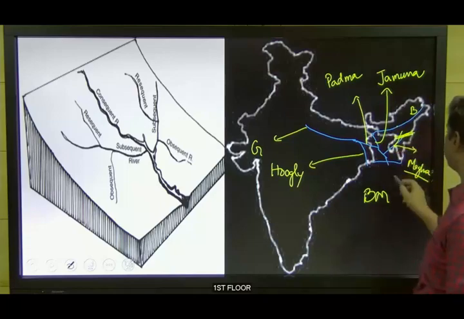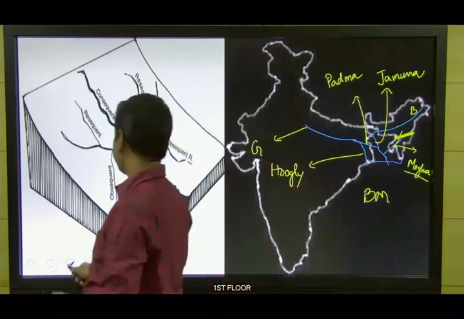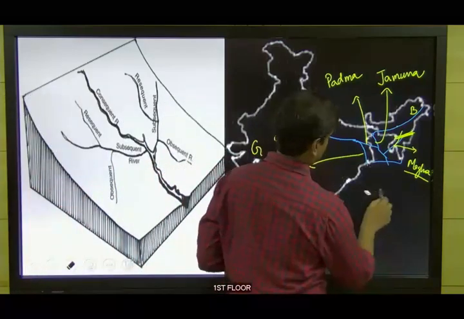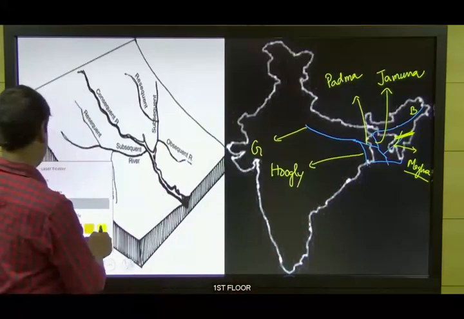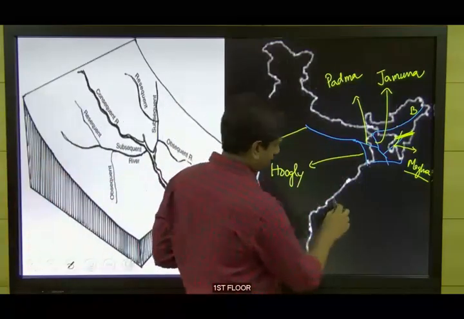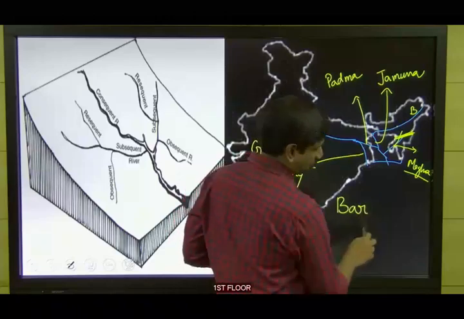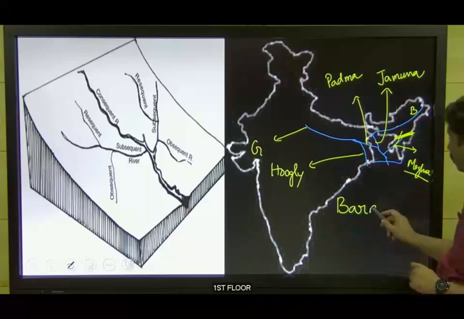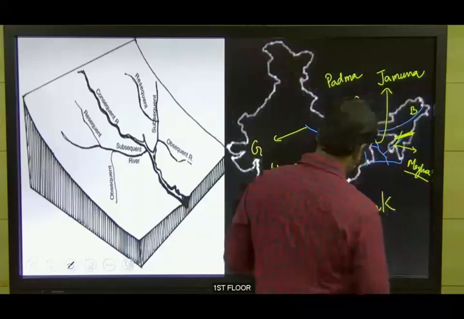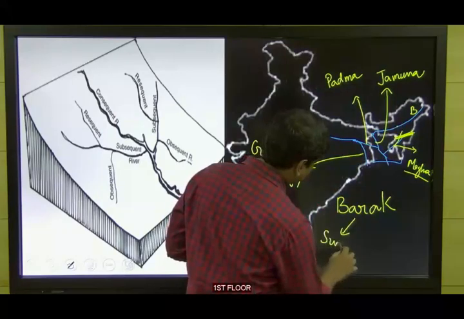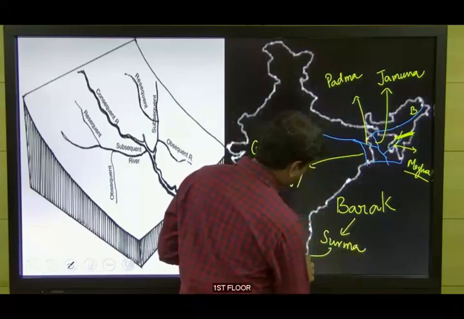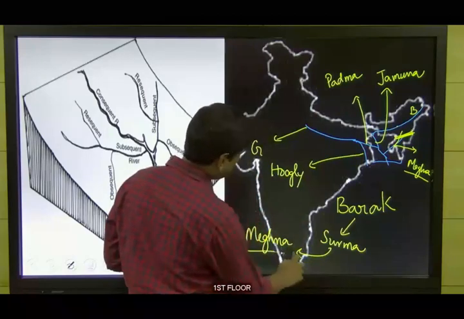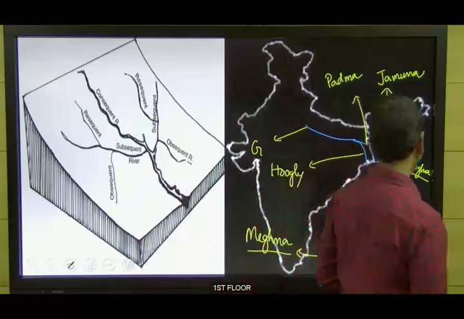Okay, here, the name is Barak. Barak river joins Surma in Bangladesh, and that Surma joins Meghna, and Meghna joins Padma. Okay.